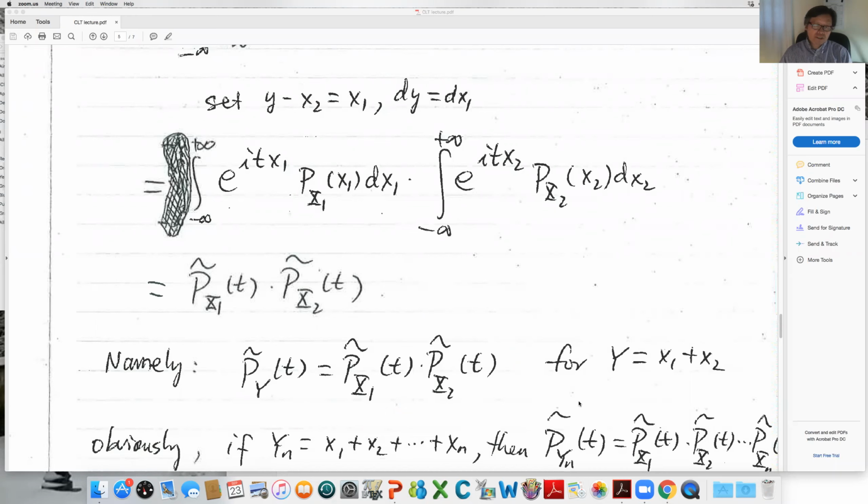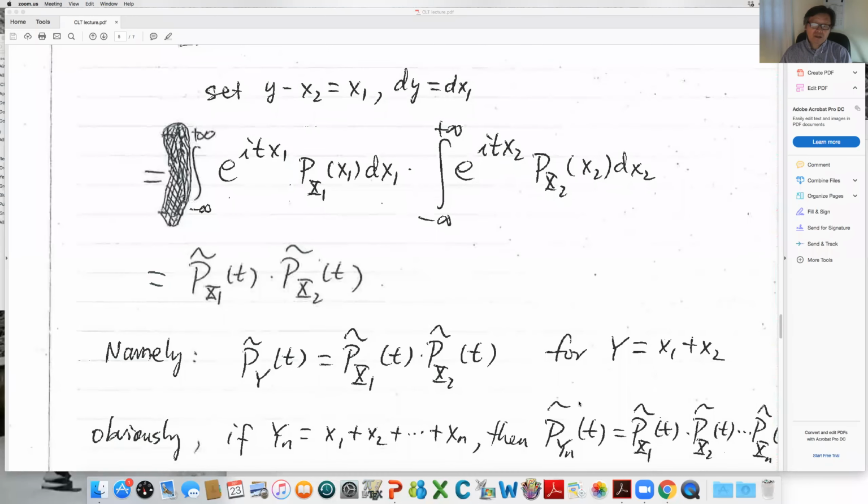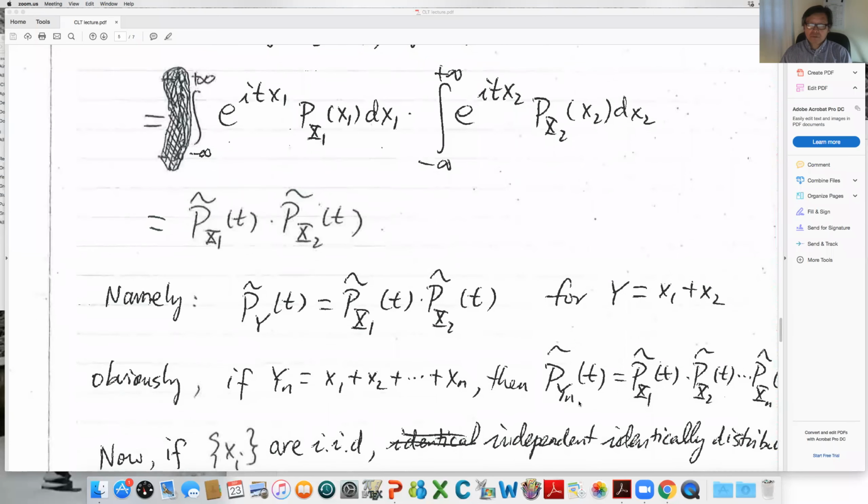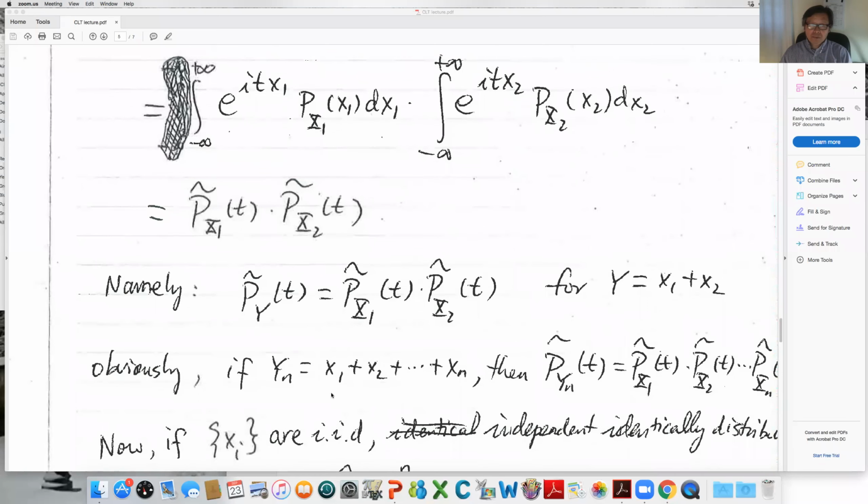Okay, so if you accept that, now we can make a connection with what we previously had. We had n random variables, identically distributed. Then this Yn would be the distribution function in the reciprocal space.